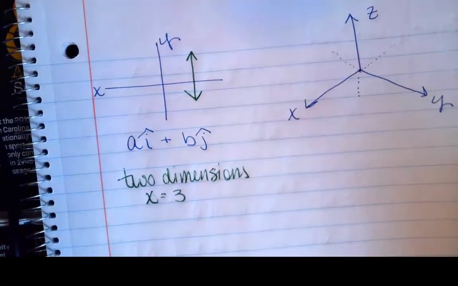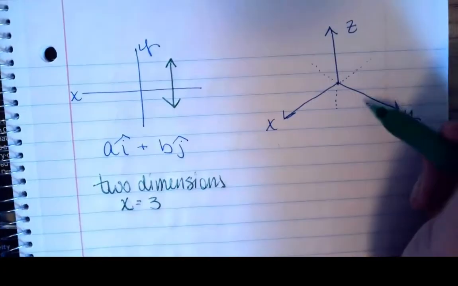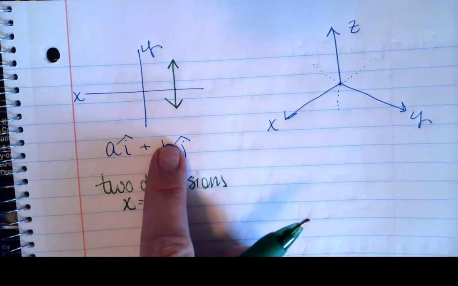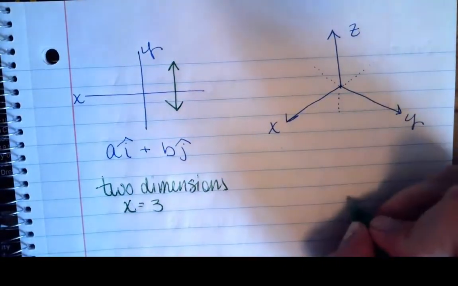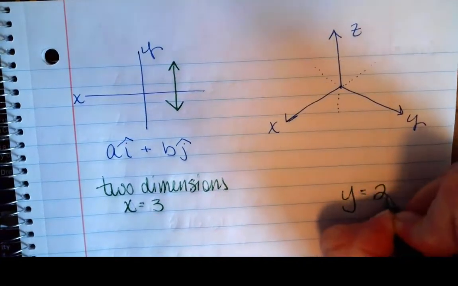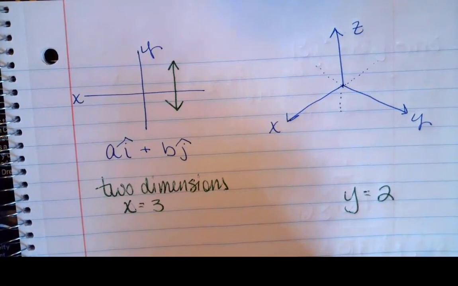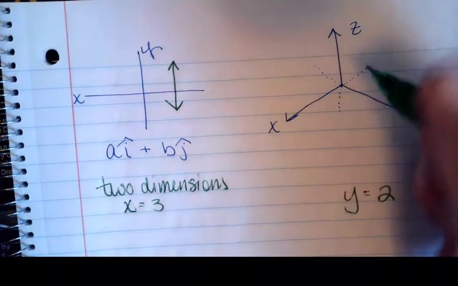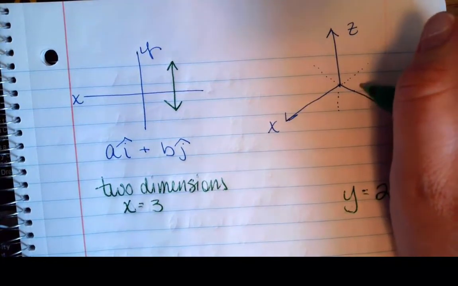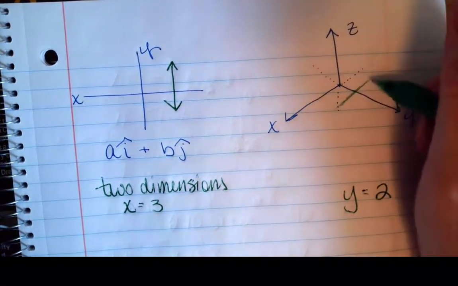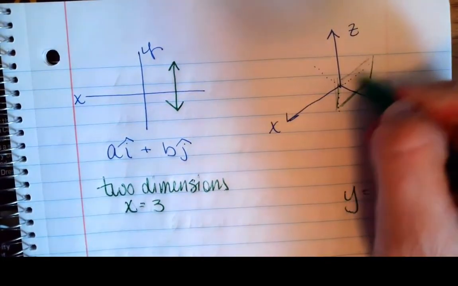So if I'm plotting points, and if I want to plot all, so remember this is all the x values, and y's can vary. So let's do something else, and let's say that y is going to be 2, but this time we are in space, so I've got x, y, and z coordinates. And so what that means is that all the values where y is 2, it's going to go this way, and it'll come up this way, and this way, and this way.